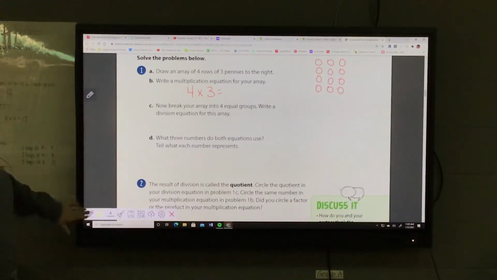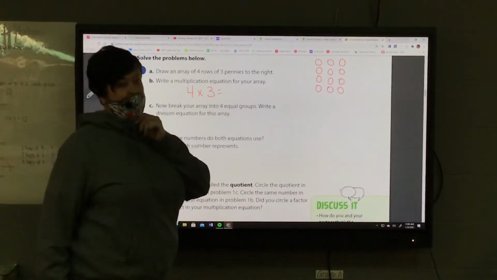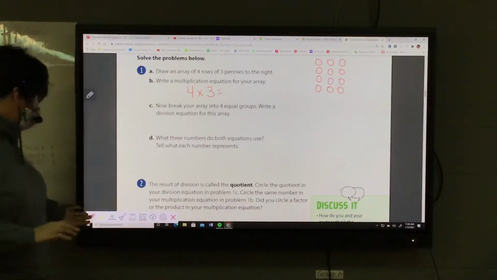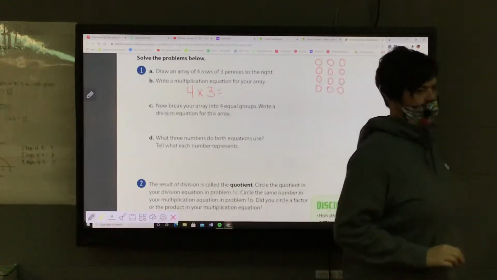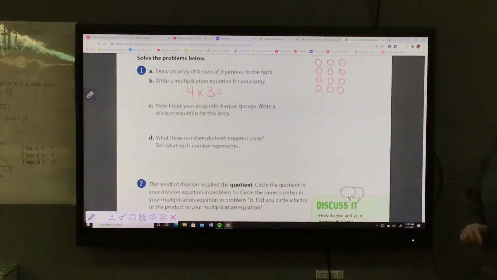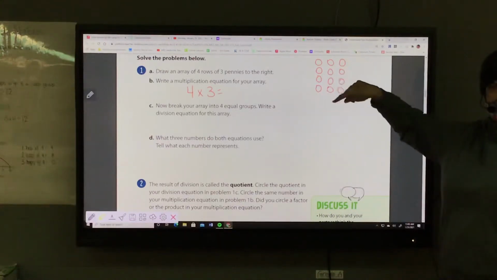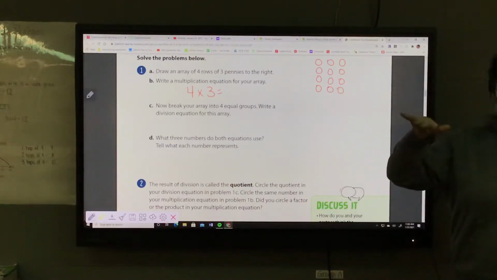Okay, now, break your array that you drew into 4 equal groups. How would we do that? How would we break it into 4 equal groups? Going this way? What do you think, Lucas? Going across?